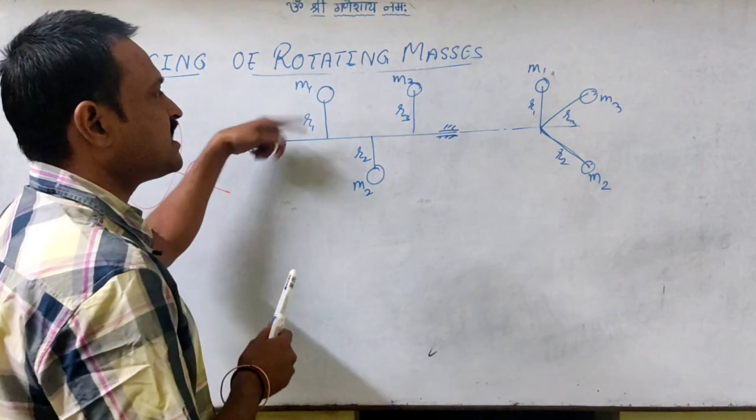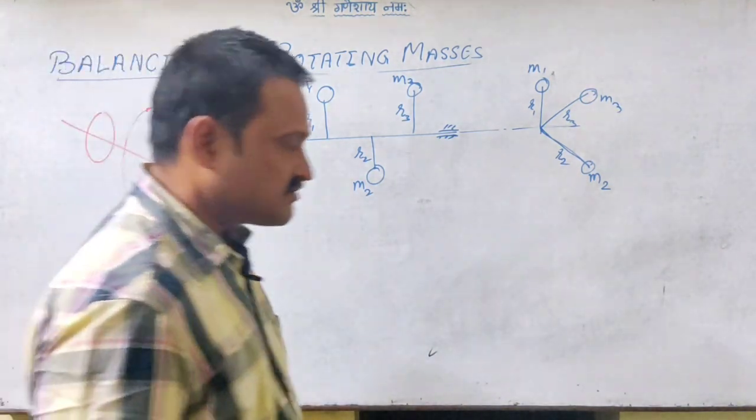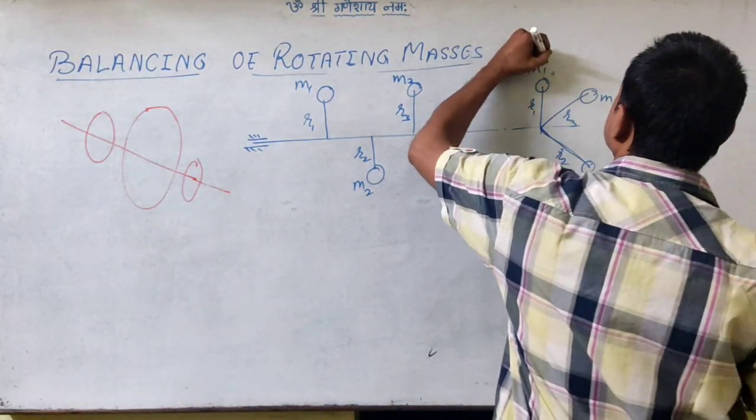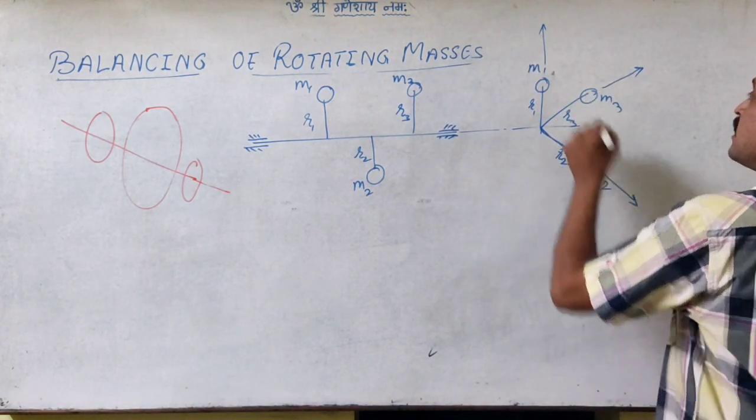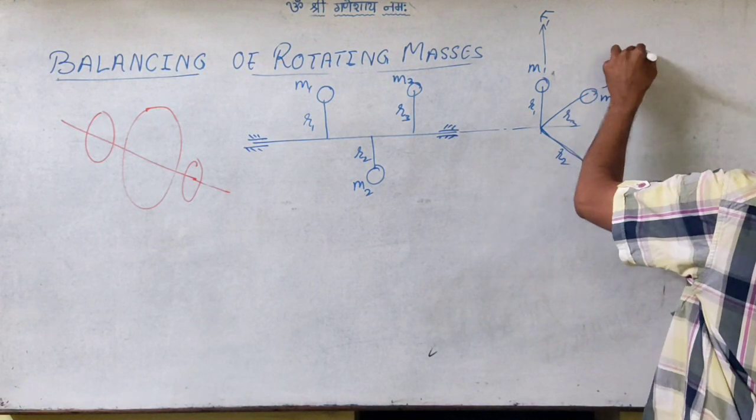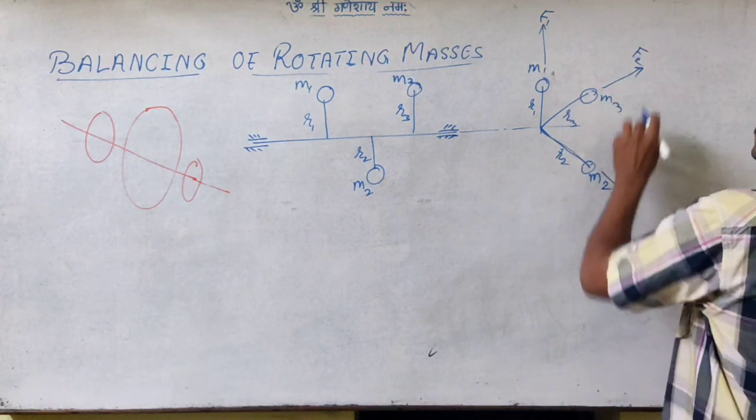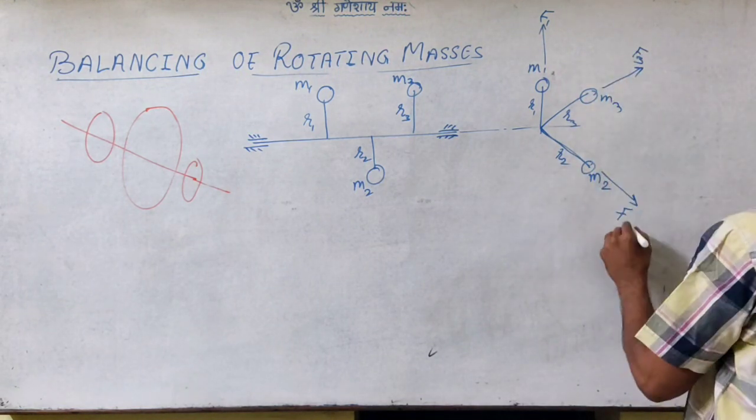When this is turning at an angular velocity, the centrifugal forces due to these will act radially outward. So this is F1, F2, F3.